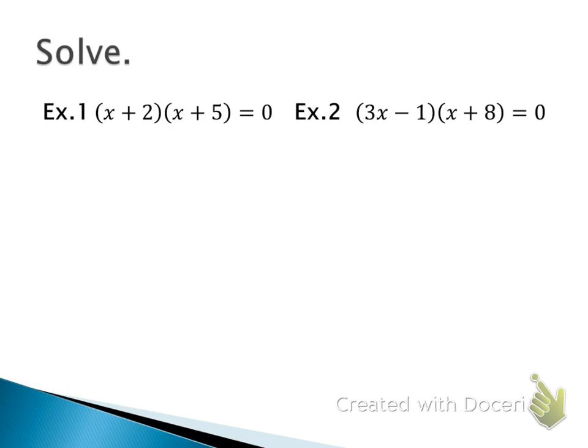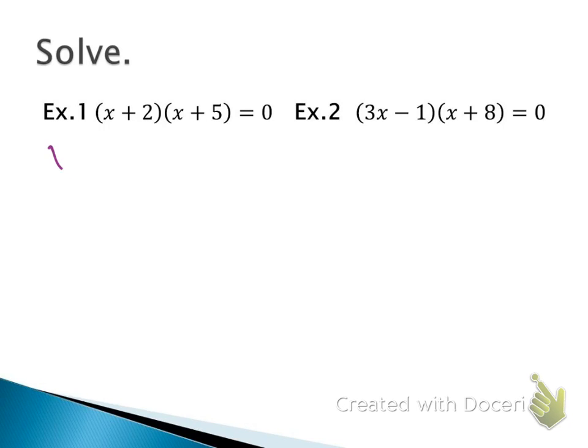All right, these are already factored for us. So the previous slide said if you are multiplying two things together, which we're doing here, we've got two sets of parentheses multiplied together, and it equals 0, then you could set each one of those factors equal to 0.